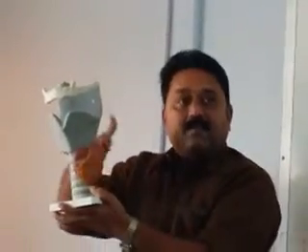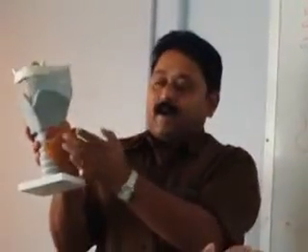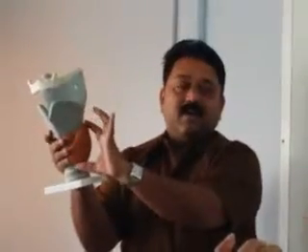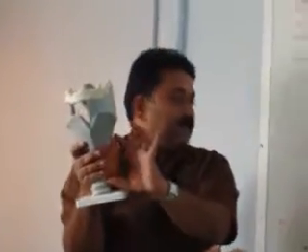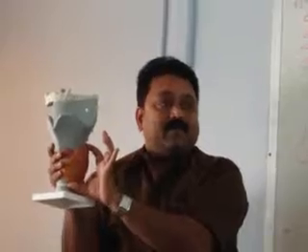Because it is a lateral side, inside there is a medial side, isn't it? So anterolateral, posterolateral, medial surface, apex and the base. Okay. These are the parts of thyroid.